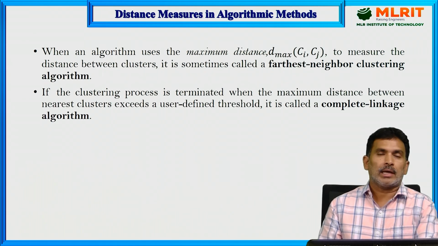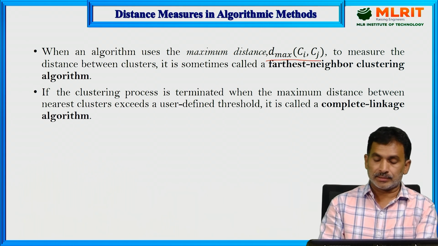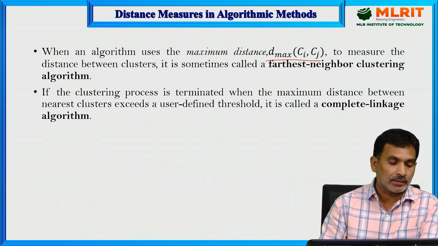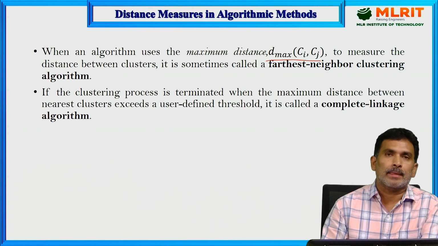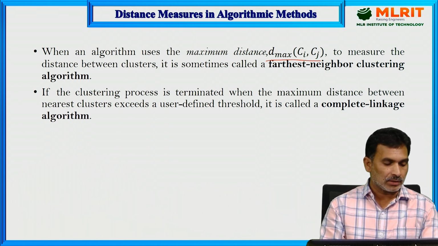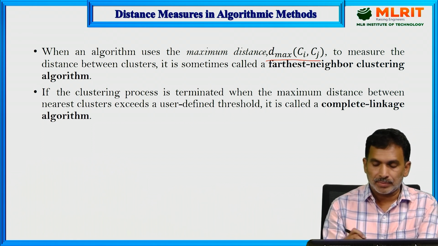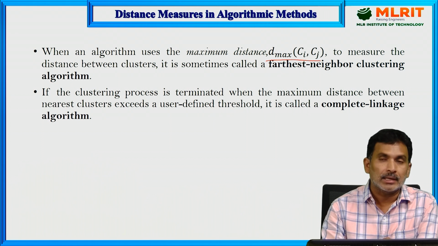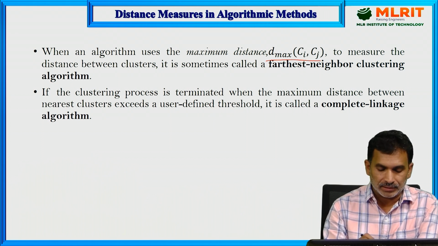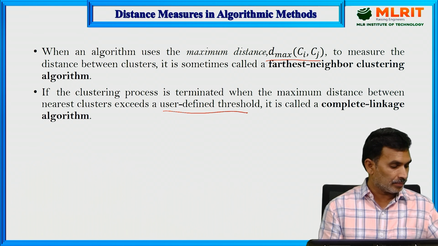When an algorithm uses the maximum distance between the clusters Ci and Cj to measure the distance between clusters, it is sometimes called a farthest neighbor clustering algorithm. If the clustering process is terminated when the maximum distance between the nearest clusters exceeds a user defined threshold value, it is called a complete linkage algorithm.